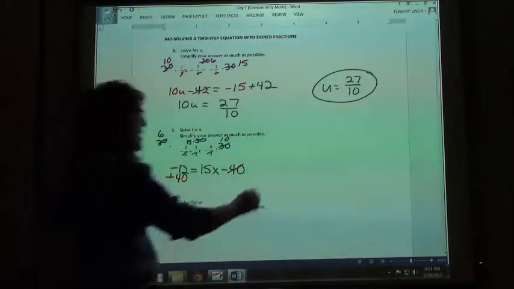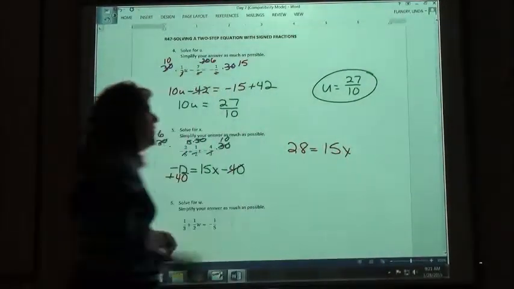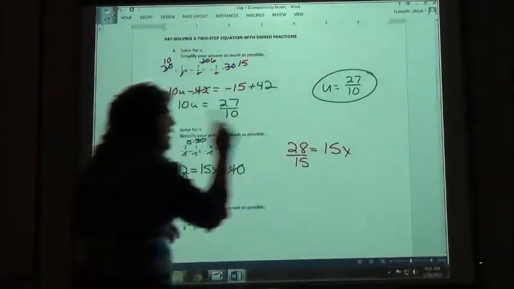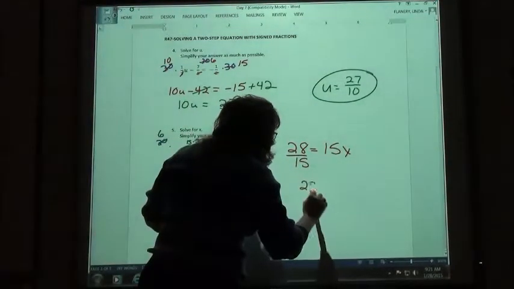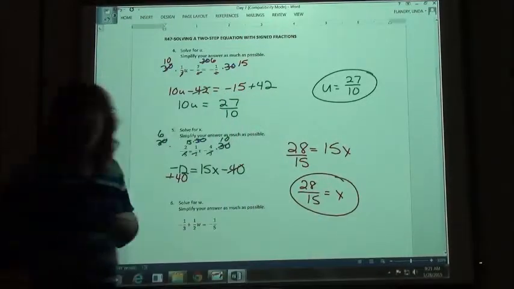So 28 equals 15x. And then, of course, my last step is dividing by my coefficient and looking to see if I can reduce, but 28 and 15 don't have any common factors, and so 28/15 is just going to be my answer for x.